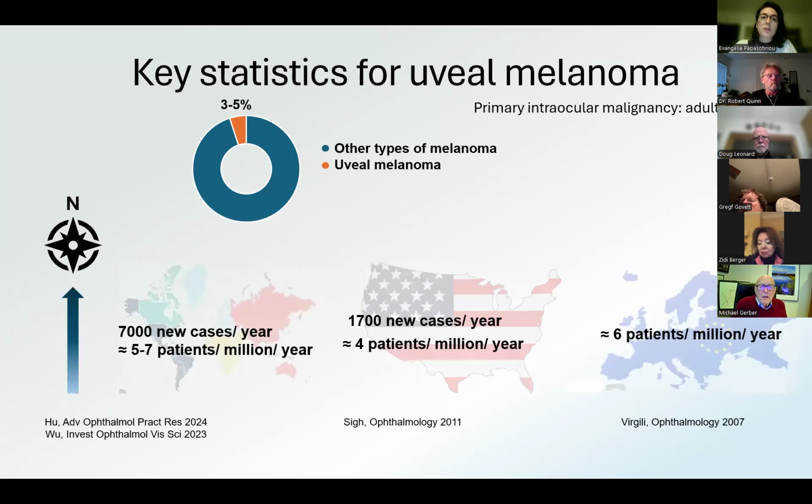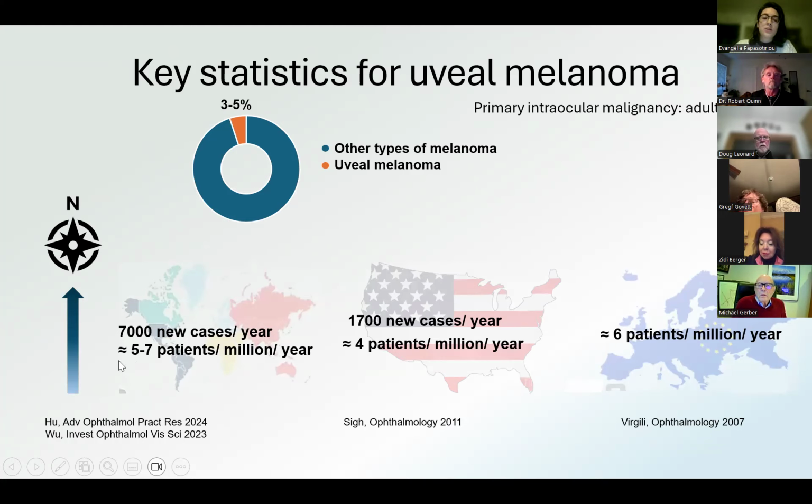So let's go to uveal melanoma key statistics, because in the beginning, my title says that it's a rare disease. It's the most common primary intraocular malignancy in the adult population. However, it constitutes 3 to 5% of total melanomas, as shown in this pie chart. And we count approximately, worldwide, USA and Europe, 5 to 7 patients per million per year.